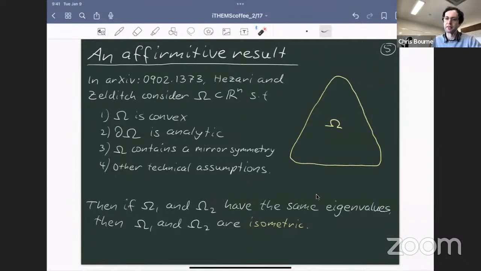So in that sense, the eigenvalues do uniquely determine the shape of the object that you consider. Okay, thank you. I hope I answered that.